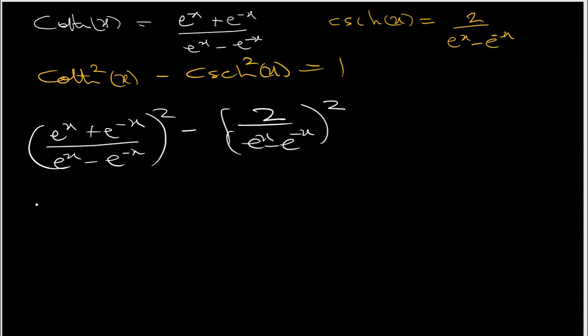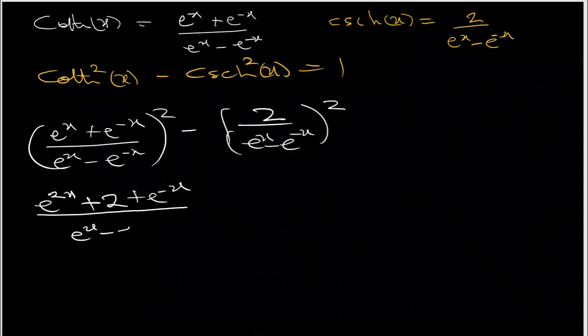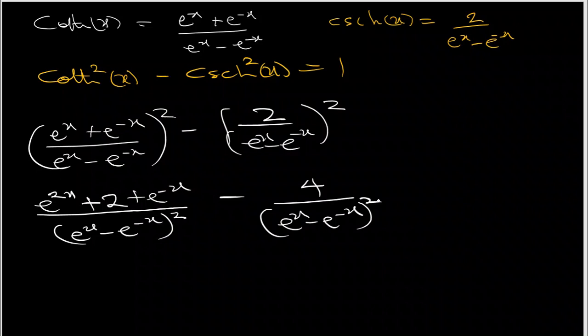The numerator here becomes e power 2x plus 2, which is the same expansion that we've been doing, so I'm writing the expression straight away, plus e power negative x. Then let's just write e power x minus e power minus x all squared. Then this side becomes 4 over e power x minus e power minus x all squared.